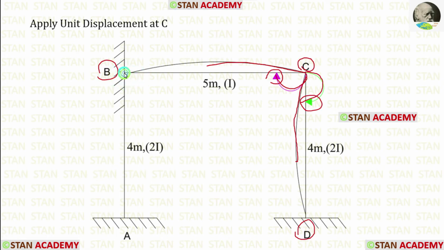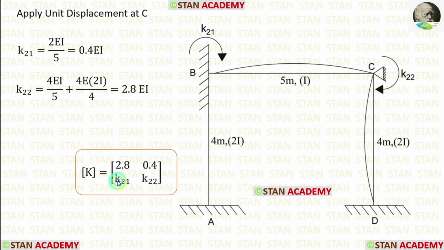We should give some gap between the fixed support and the curves. Now let us find the values in the second row, K21 and K22. K21 should be calculated from the first coordinate and K22 should be calculated from the second coordinate.